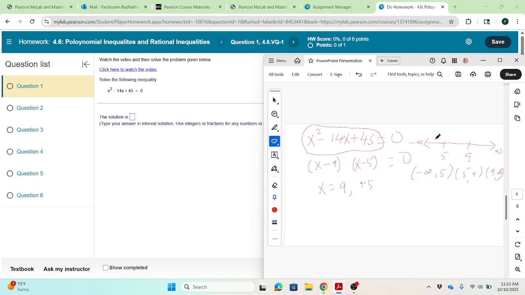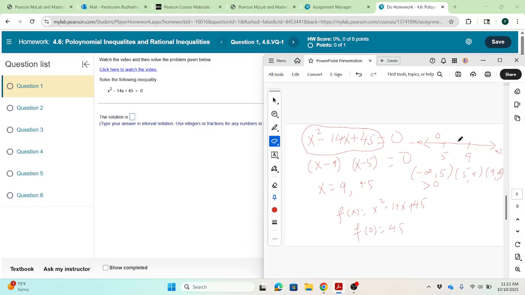Let's say from here you pick a testing point 0. Always pick an easy testing point. The function is x squared minus 14x plus 45. If you find the value of this function at 0, it would be 45. So on this interval, this quadratic function would be positive, greater than 0. So this is a part of the solution.